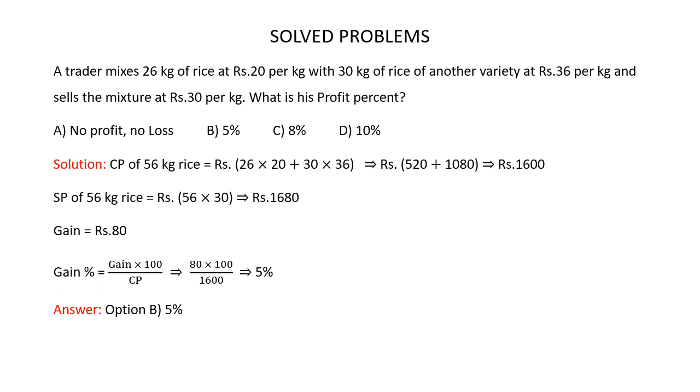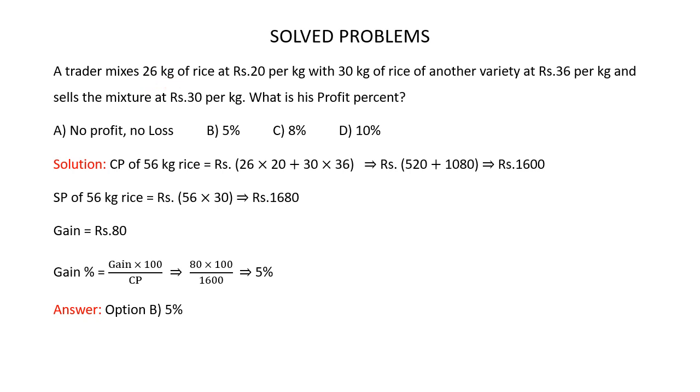So first let's find out gain and cost price of the mixture. Now it's given that the cost price of the first variety of rice is rupees 20 per kg. Now there are 26 kgs of the first variety of rice.